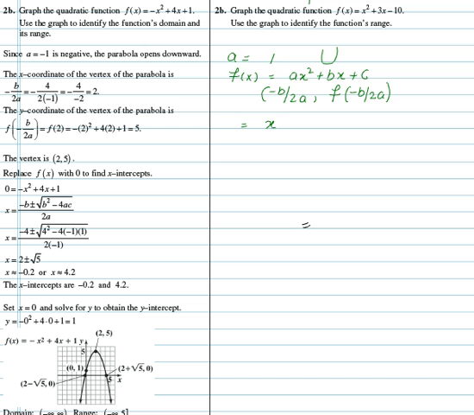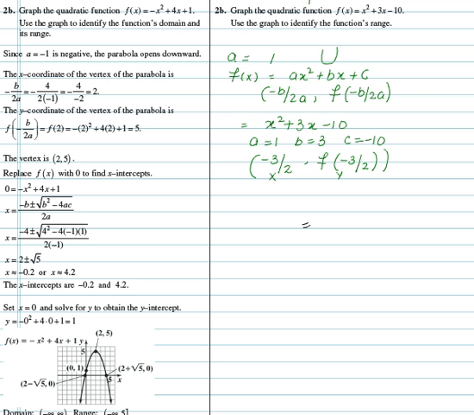I have x² + 3x - 10. A is 1, b is 3, and c is negative 10. So I have the vertex here: negative b, that is negative 3, over 2 times a, and f of negative 3 over 2. So I have the x coordinate.